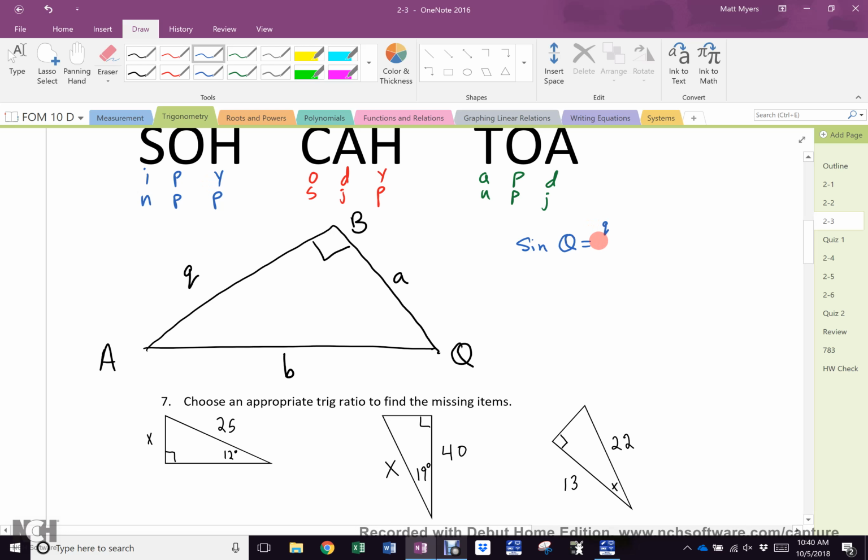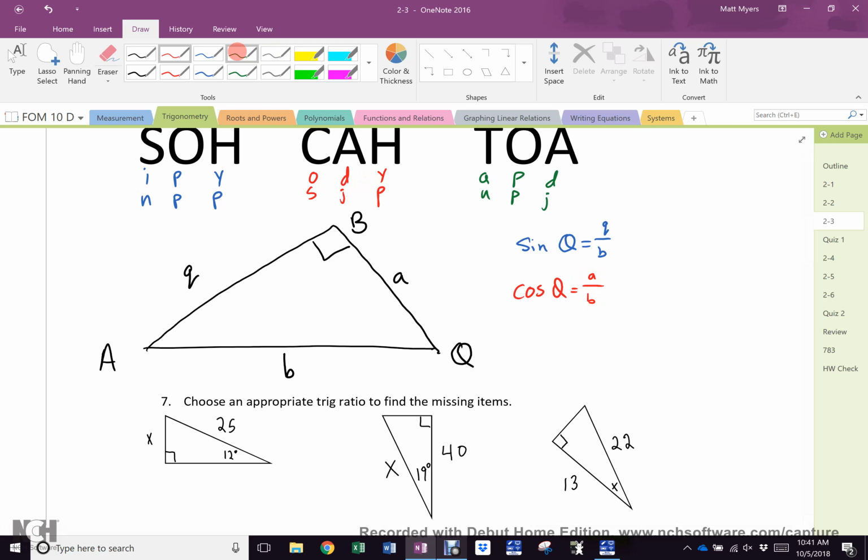Lil Q. What is the hypotenuse? Lil B, because he's opposite the 90. What is the cos of big Q? A over lil b. Adjacent over hypotenuse. Cosine.